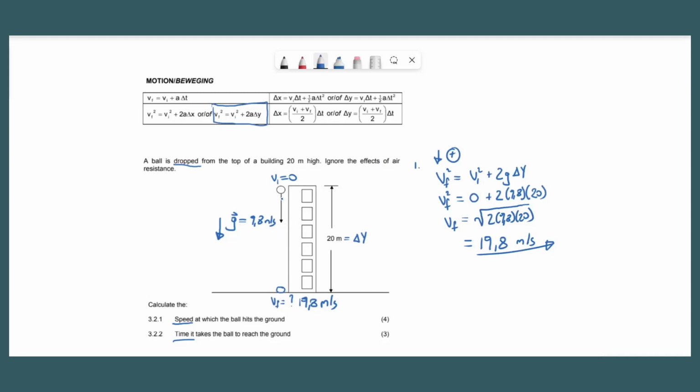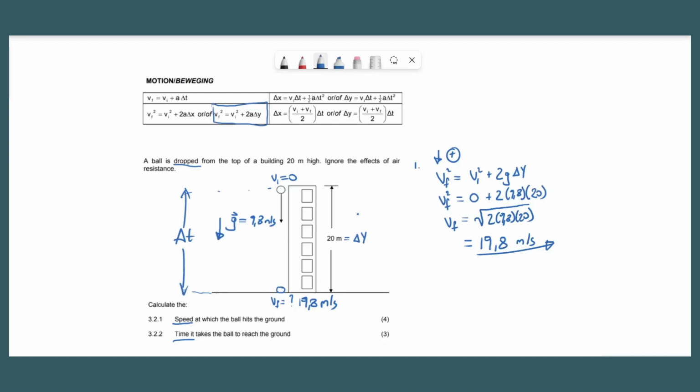And so now all that we want to know is how long is it going to take the ball to reach the ground. So we want to know the change in time from the top of the building up to the ground, during the motion of the ball.